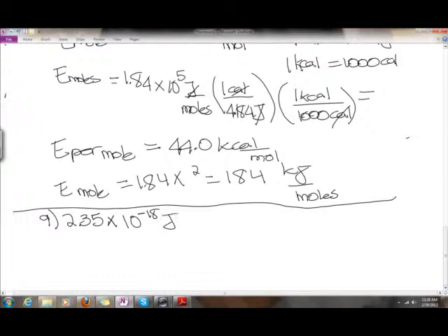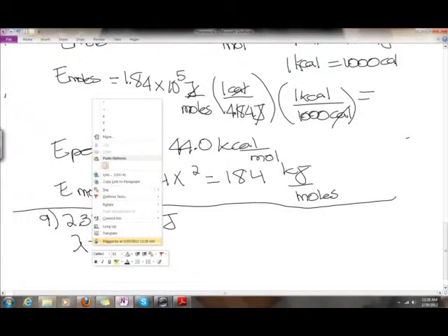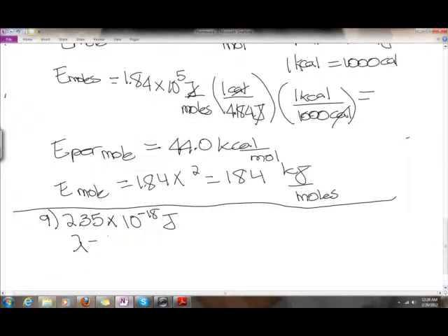And then they say that the green light has a wavelength of 510 nanometers. So what is the first thing?